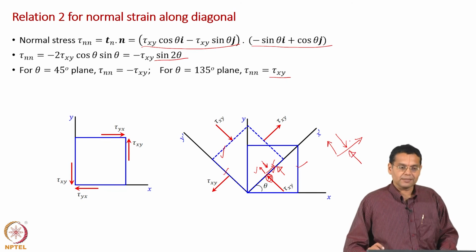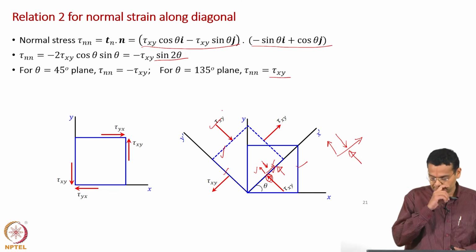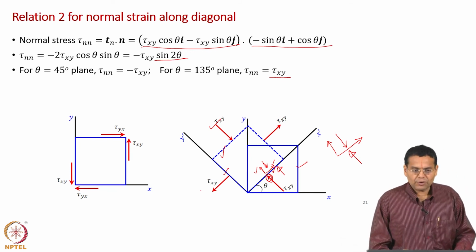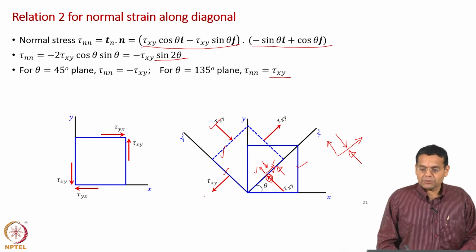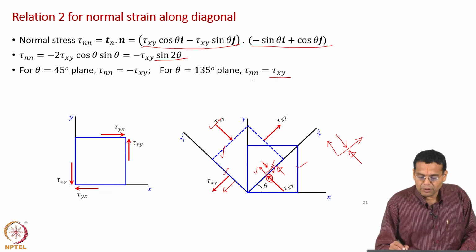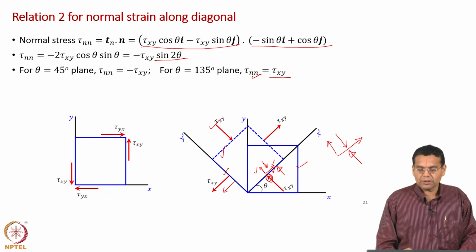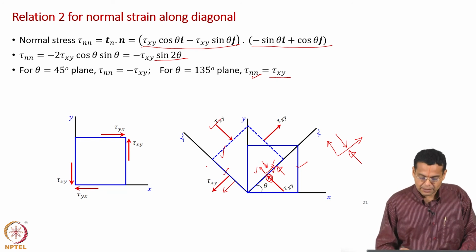Of course, this we know is just the opposite side, tau xy. Now, for the 135 plane, with theta equal to 135, this is the unit normal, and we have found tau nn equal to tau xy, which means it is along the unit normal, and that is why this arrow is indicated this way, tau xy.